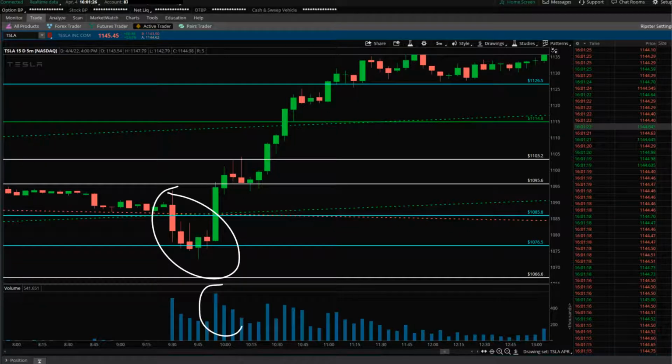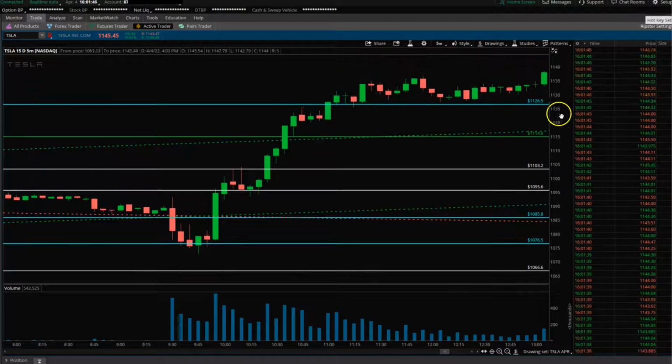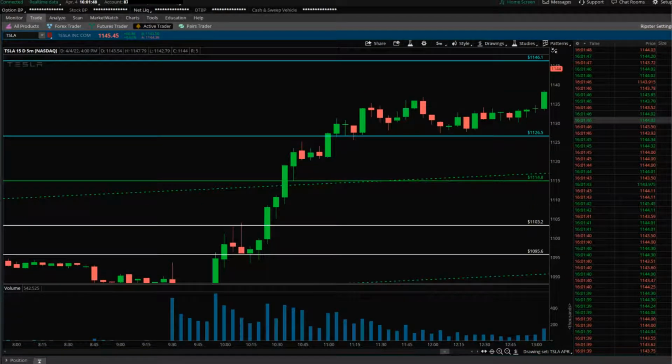In fact, at a higher price, with higher volume, it gave a nice bump to the upside. It got a little consolidation here around 1096, but it still gave you a good move, and it just kept on going up. It kept on giving you these intraday bull flags to play, very nice ones right here.